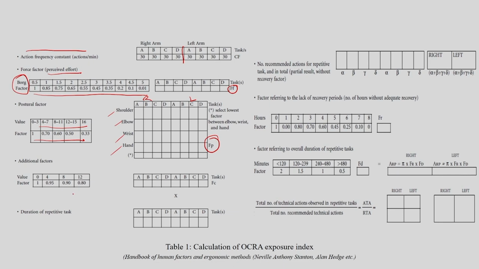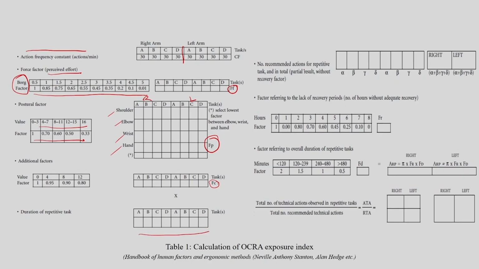Now additional factors, similarly 0, 4, 8 scale values and then the multiplier, and here you get the FC. Now, duration of the repetitive task, you can have the duration over here.